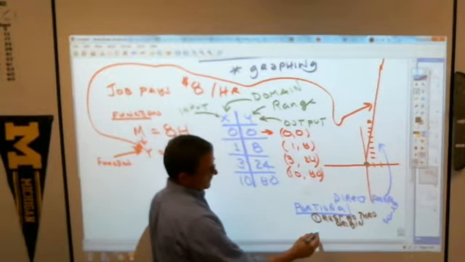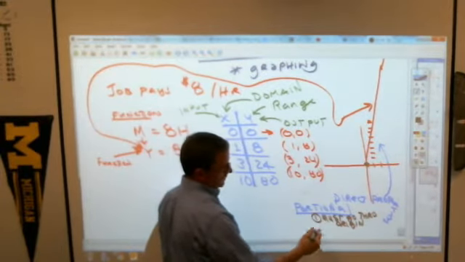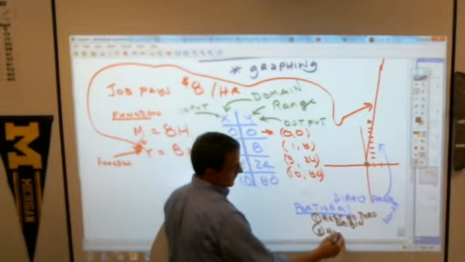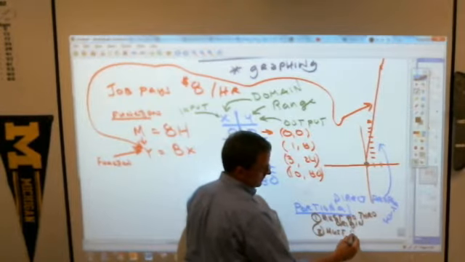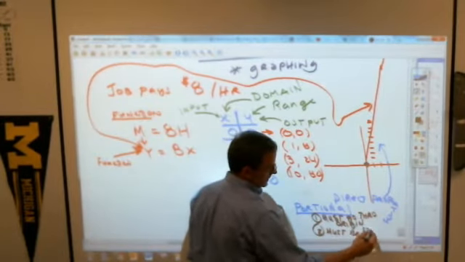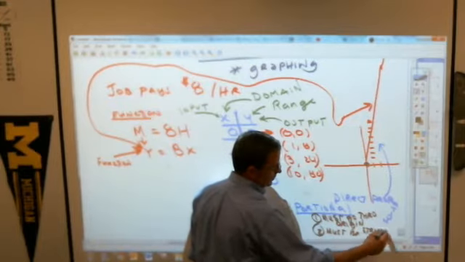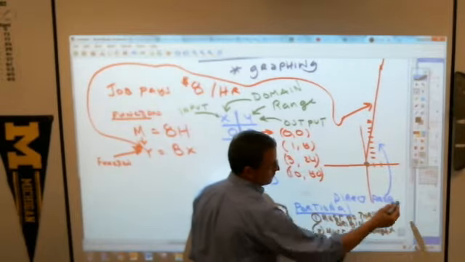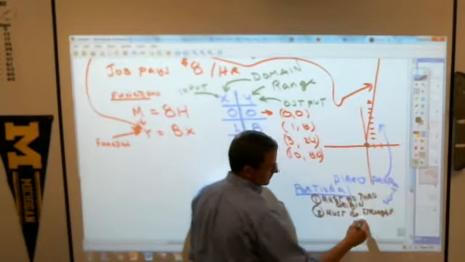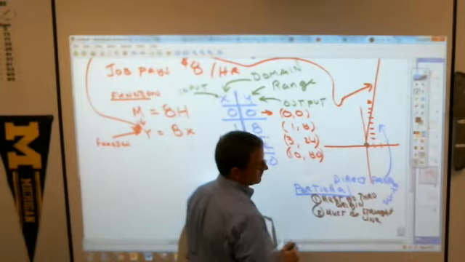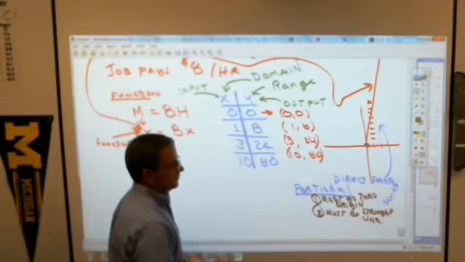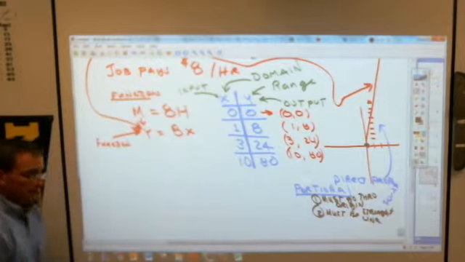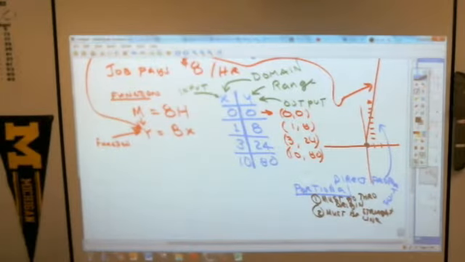Must go through the origin, and number two, it must be a straight line. If it's not a straight line, or it does not go through the origin, it is not a proportion. Those two things. If they ever ask you to tell if a graph is proportional, you have to look at it that way.